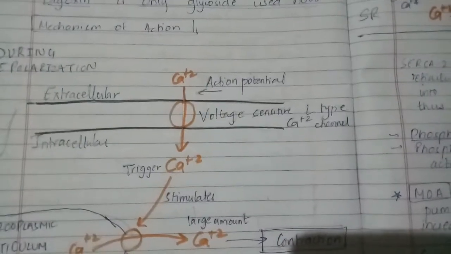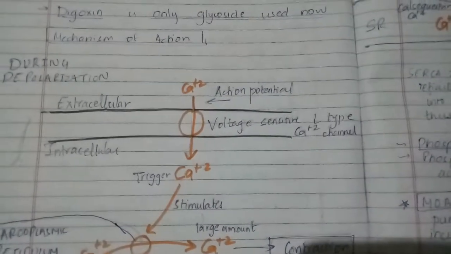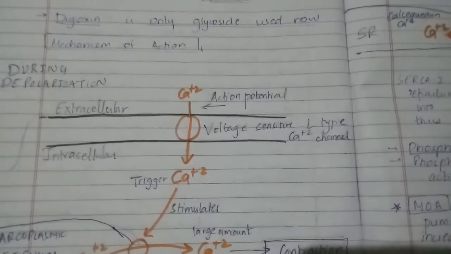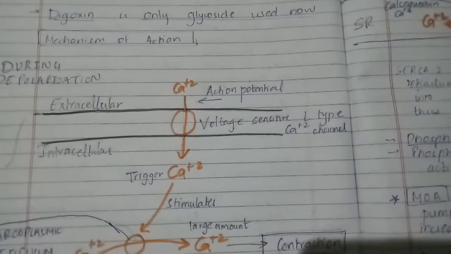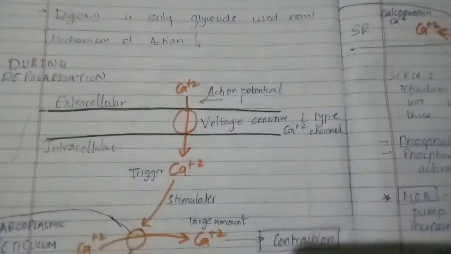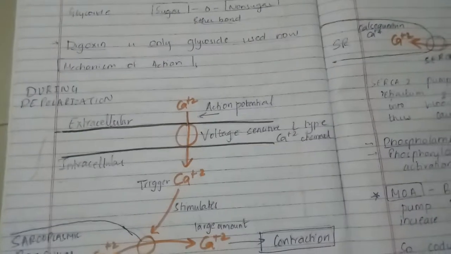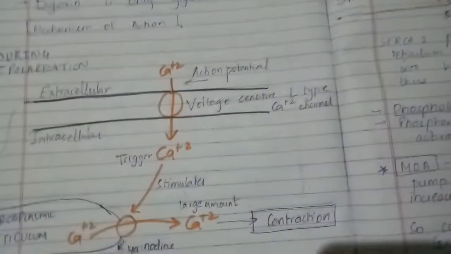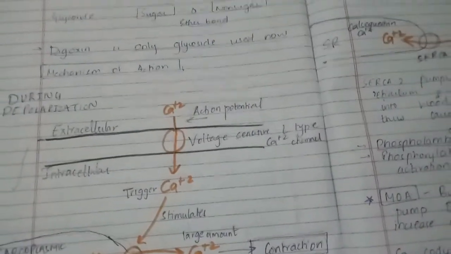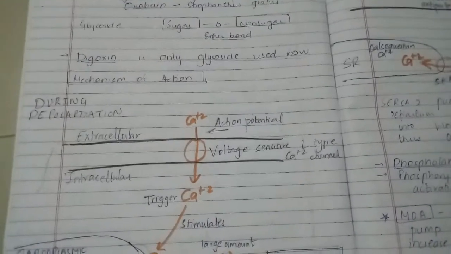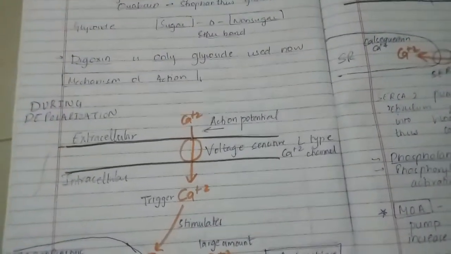First I'll show you what happens normally during the cardiac cycle. During depolarization, the membrane potential goes towards a less negative value, and when that occurs, the voltage sensitive L-type calcium channels open.